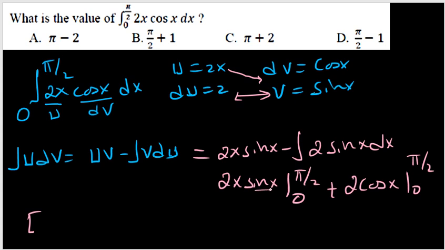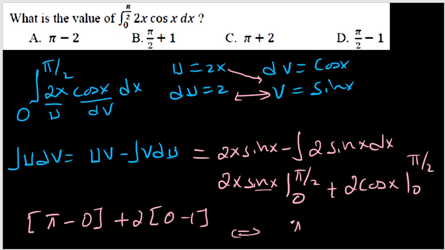Sine pi over 2 is 1, so 2 times pi over 2 will be pi, pi times 1 will be just pi, minus sine 0 will be 0, everything will be 0, plus 2 again big bracket here, cosine pi over 2 is 0, 0 minus 1. So this is going to be pi minus 2. Finally the answer will be A.